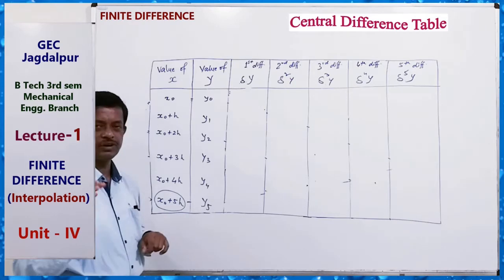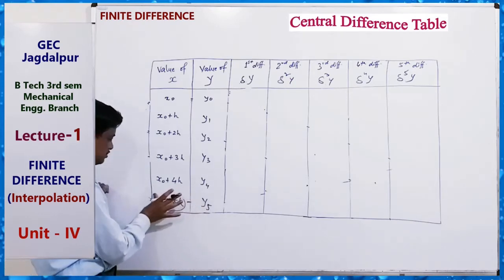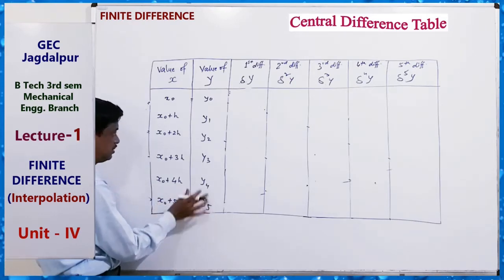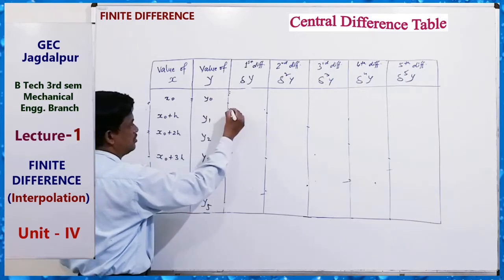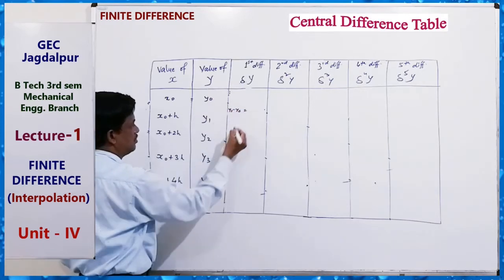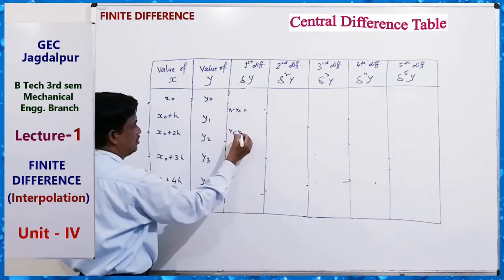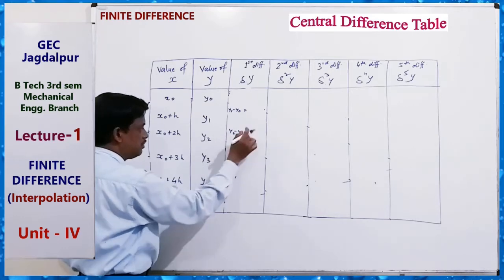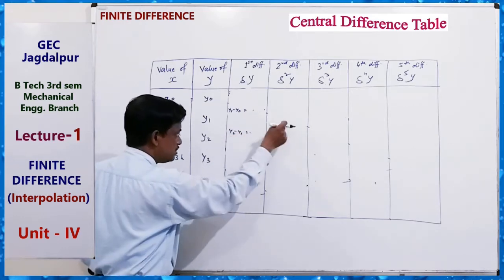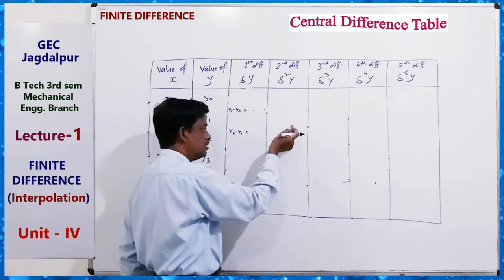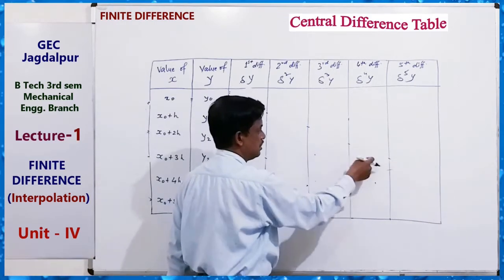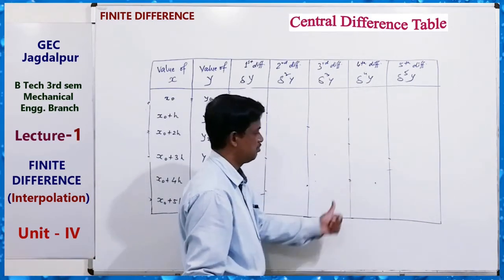The table creation method is what? Just subtract y1 minus y0, and y2 minus y1. Whatever the value is here, this minus this is there, and also this minus this, this minus this. This is the process of making the table.